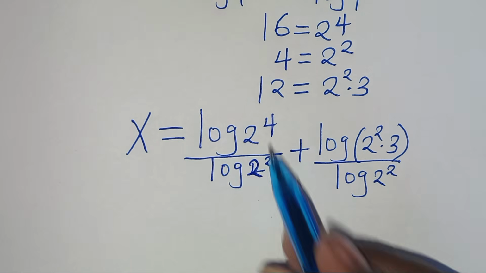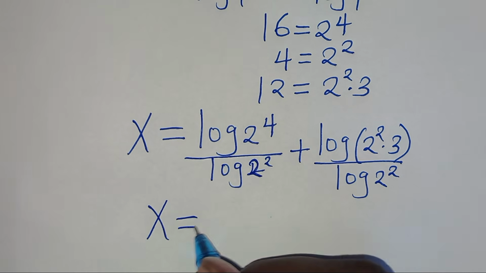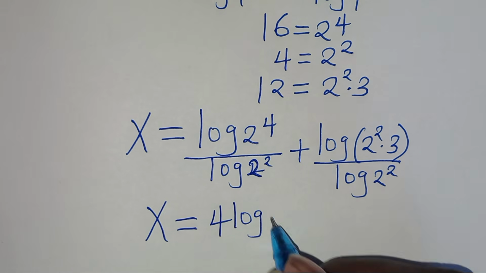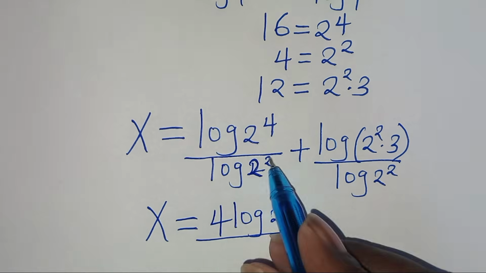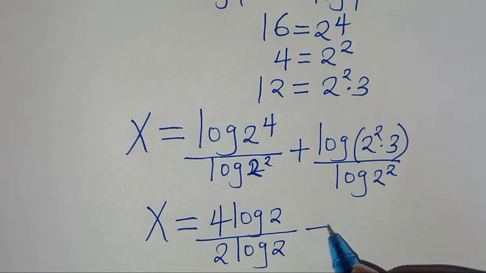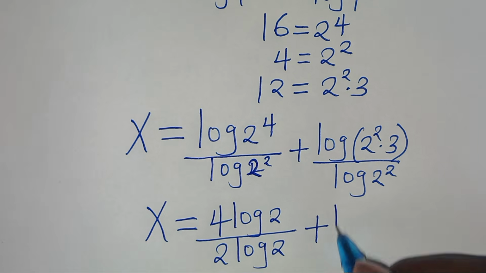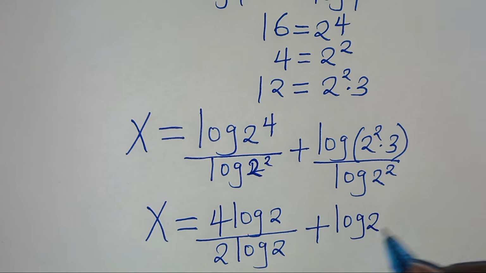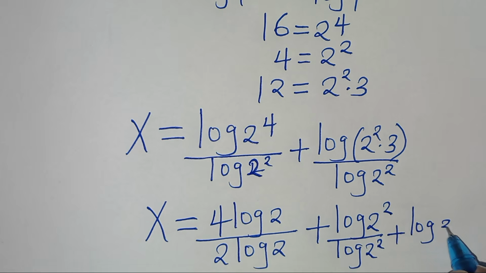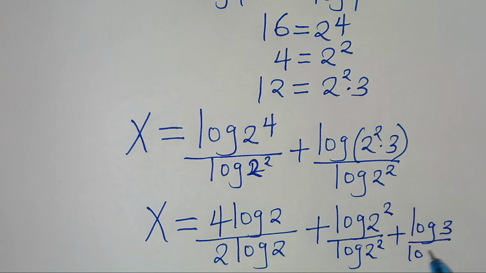Applying the power log property here, we have x is equal to log 2 to the power of 4 becomes 4 log 2 divided by 2 log 2, then plus log 2 to the power of 2 divided by log 2 to the power of 2, then plus log 3 divided by log 2 raised to the power of 2.